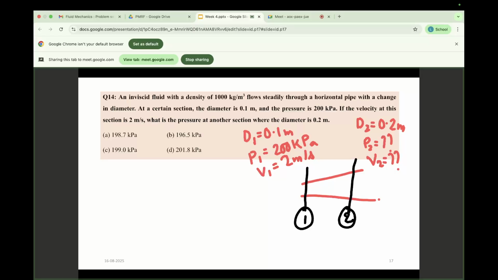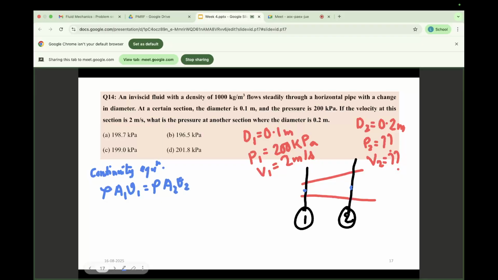As the diameter is given, I can easily find out this V2. How? I can apply the continuity equation, right? Continuity equation: at section 1 and section 2, the mass flow rate is rho A1 V1 equal to rho A2 V2.